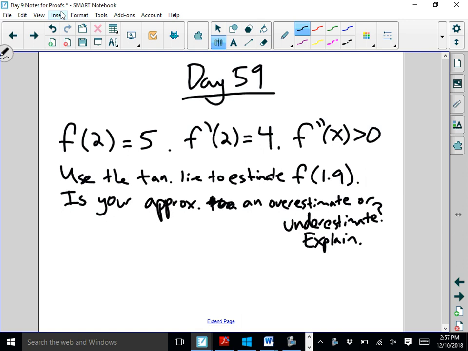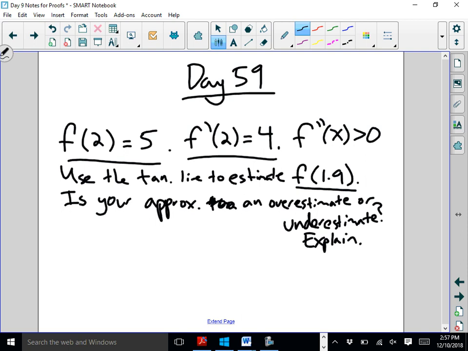Explain. Okay, to get the tangent line equation, I only need these first two pieces of information. These two pieces of information will help me to write an equation for a tangent line. Then I can use the 1.9 in my tangent line equation to get my estimate, okay?